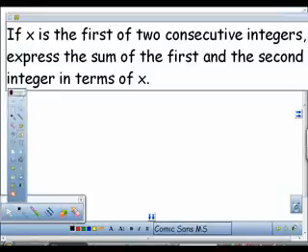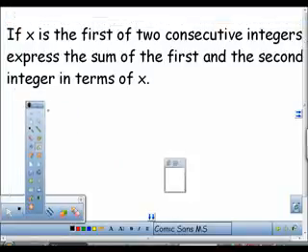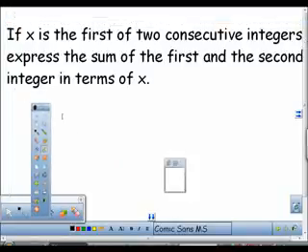Okay, notice, let's look at this. Let's do some analyzing of what this is saying here.